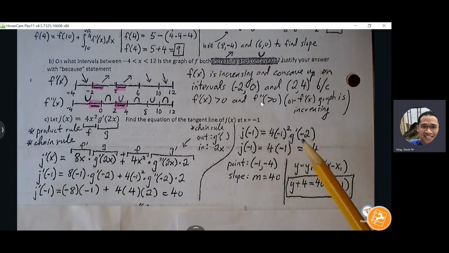I get 4 times g prime of -2. g prime of -2, I can just pull that information from the table. It ends up being -1. So 4 times -1 is -4. That's my ordered pair, (-1, -4).